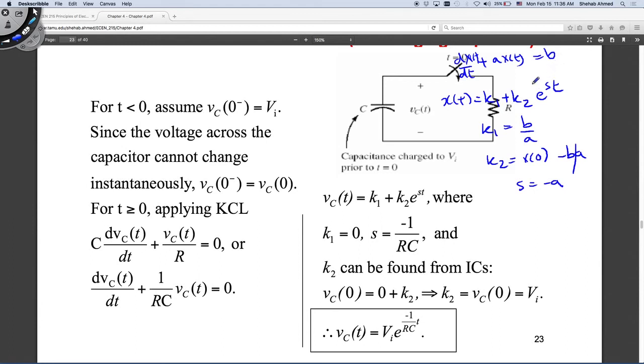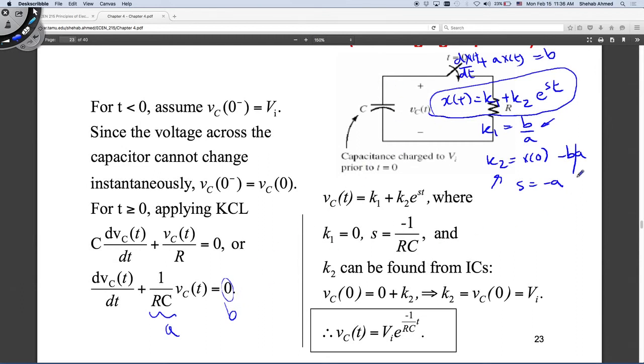The differential equation we had was dV by dt plus 1 over RC times V, where 1 over RC was the A and this was the B. So b is equal to 0. This is my general solution: x of t equals K1 plus K2 e to the st. I go and see what K1 and K2 are equal to. In this case I don't have a source, so b is equal to 0.